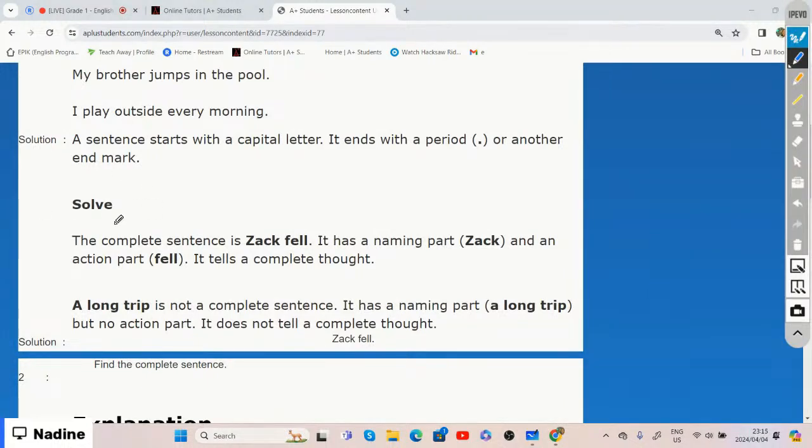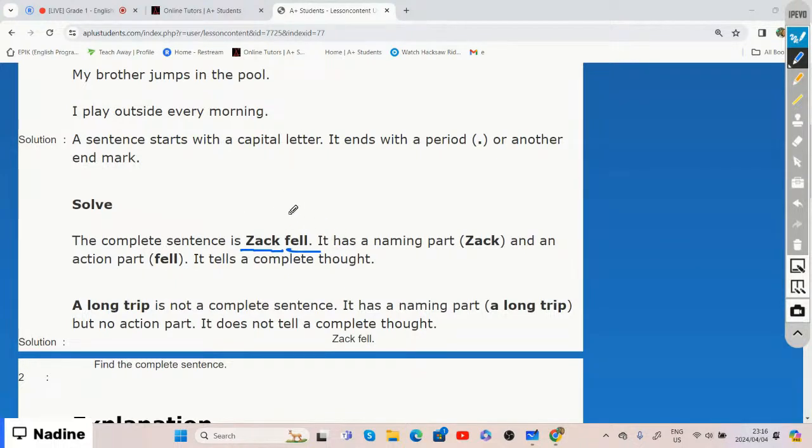It says the complete sentence is, if we were to say, "Zach fell." So the complete sentence is "Zach fell," and we can say that Zach is our naming part and fell is the action part. Zach tells us who or what is doing the action, and fell is the action that was done by the subject, by the naming part.